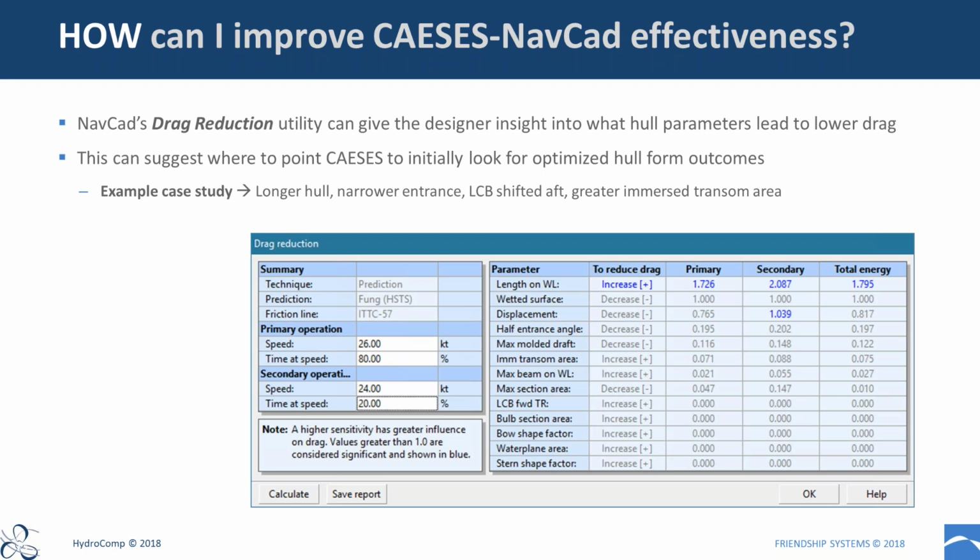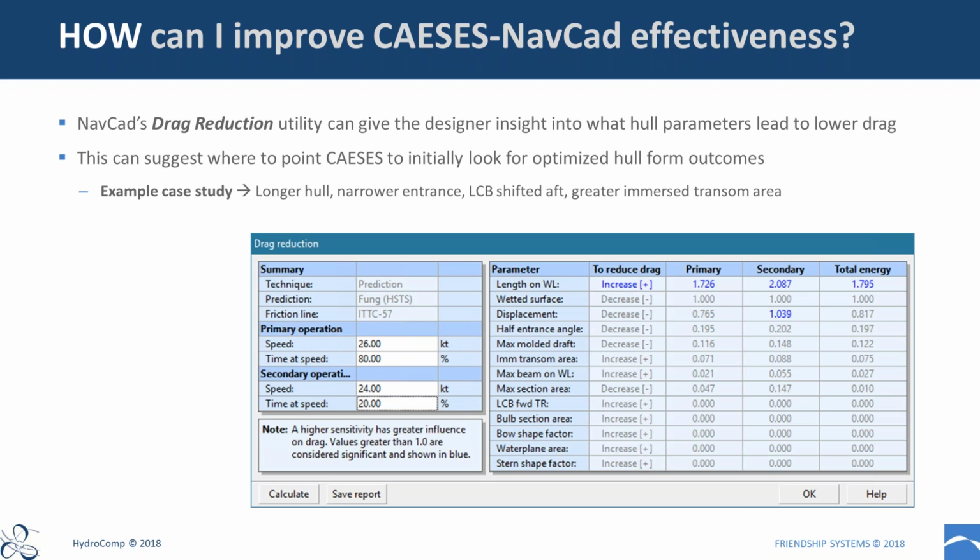What it does is take the parameters of the prediction method chosen, and do a simple two-speed weighting. For your total energy or your weighted effective power, it will look at the primary speed, the secondary speed, and give you an indicator as to how your parameter has to change.